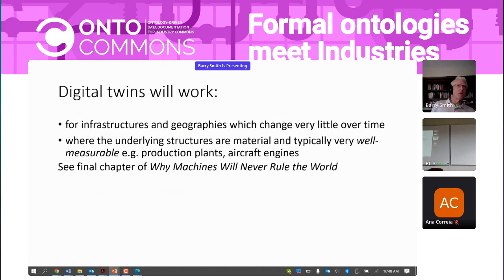But digital twins will work where we're dealing with infrastructures, and these are his words now, and geographies which change very little over time, and for instance, in production plants or aircraft engines and so forth. And the final chapter of the book describes those cases where AI will work, and they are pretty much the same sorts of cases as the cases where digital twins will work. So we believe that there is still a huge opportunity for AI and indeed for digital twin technology, but it will not do any of the marvelous, wondrous things that some people imagine it will.